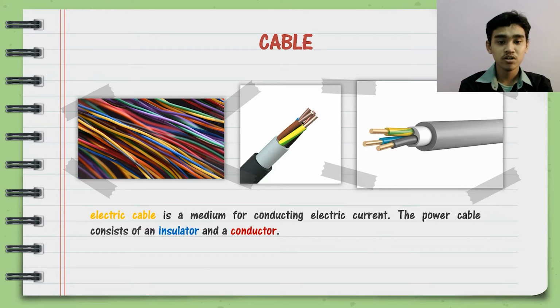The conductor is part of the cable that is used to conduct electric current, while the insulator is a cable covering material which is usually made of thermoplastic material. Insulators cannot conduct electricity because their function is only as protection. Thanks to the insulator, you will stay safe when doing activities that come into contact with the cable.